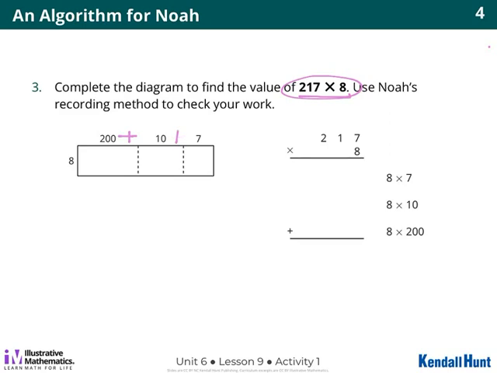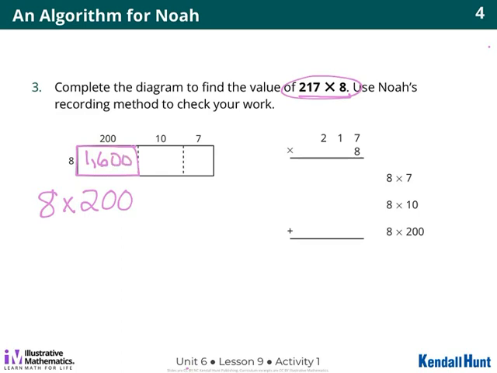So we've got ones, tens, and hundreds. So first off, we're going to line them up and we're going to do 8 times 200. Raise your hand. What is 8 times 200? Gauge. 1,600. So that would be 1,600.